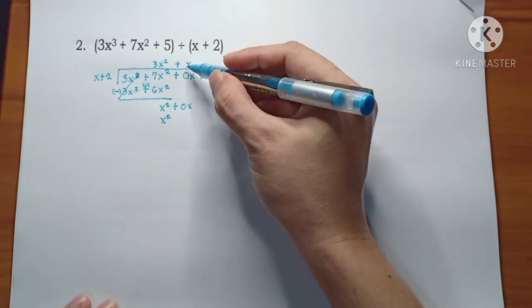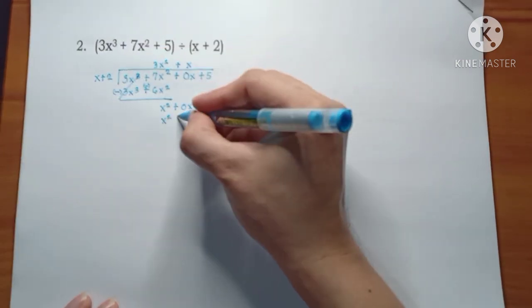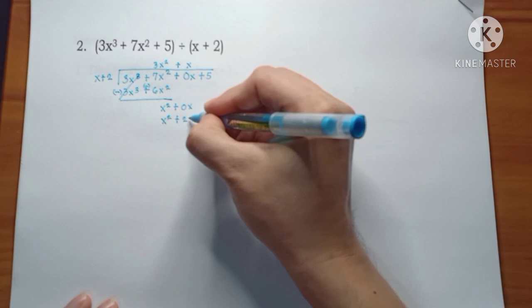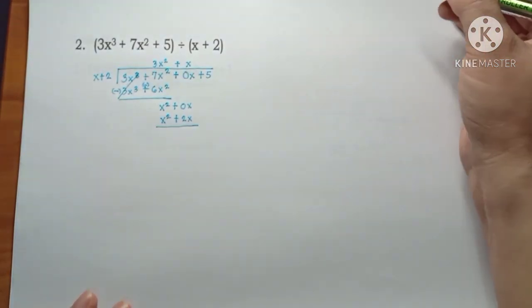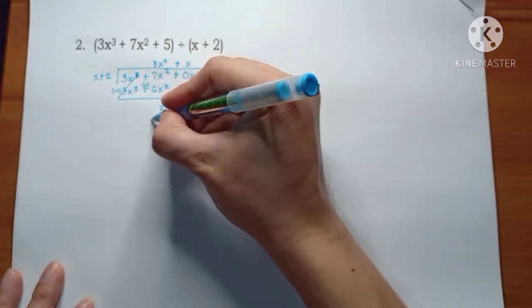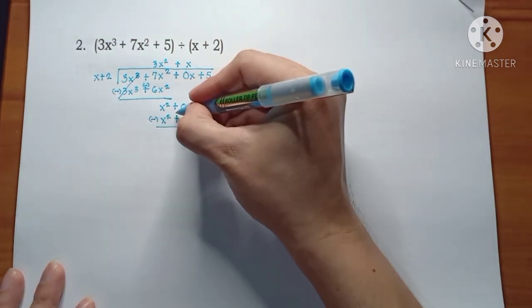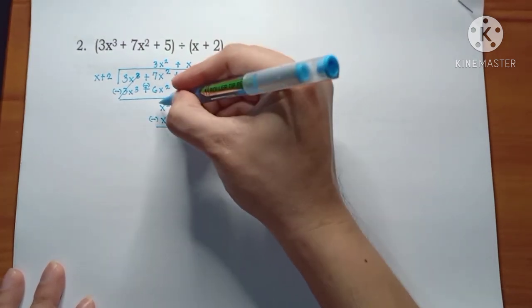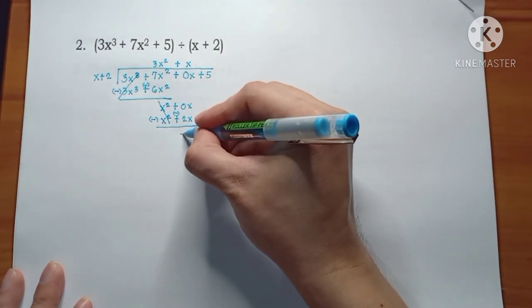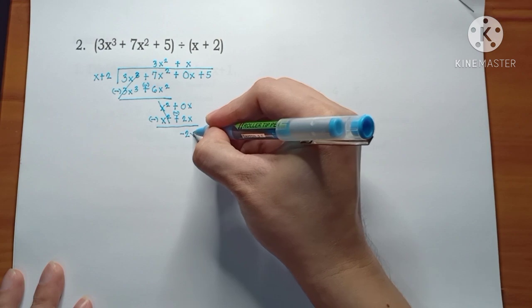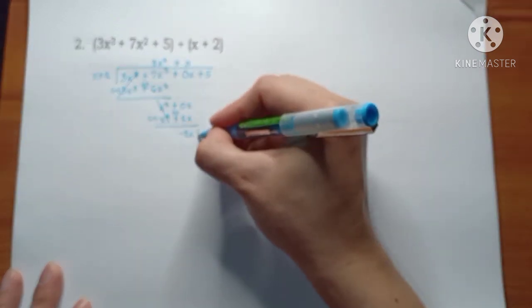And then, x times 2 is 2x. Then, subtract. Subtract lang natin yan. Change the sign. Change the sign. So, cancel this out. So, 0 minus 2 is negative 2x. And then, bring down positive 5.